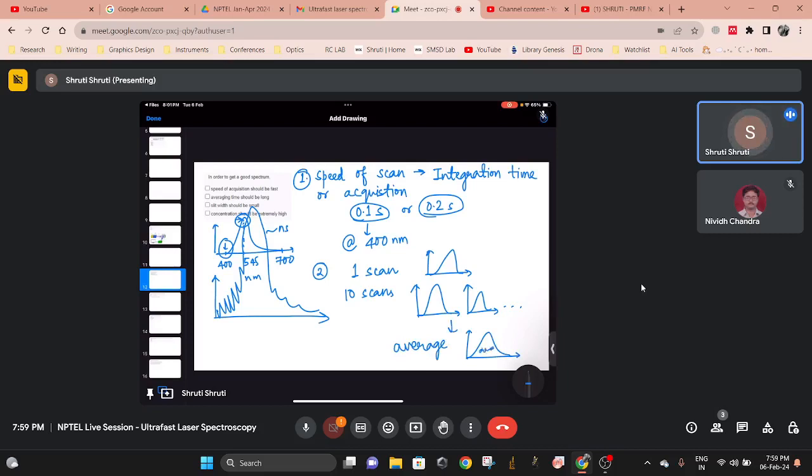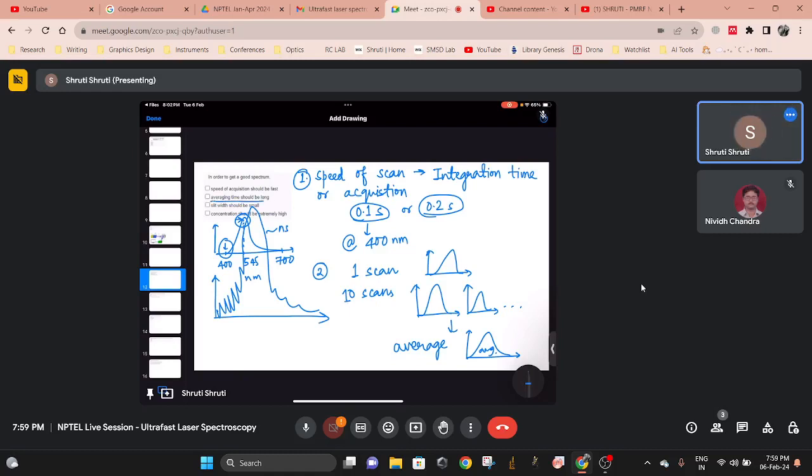So this is the average. So this is averaging time. How many scans you want to average out? This also again depends upon the type of the sample. If the sample is very emissive, we can keep it only one scan or two scans, or simply one scan will work. But if the sample is not very fluorescent, the signal is very less, we have to average it more number of times. So averaging time should be long.